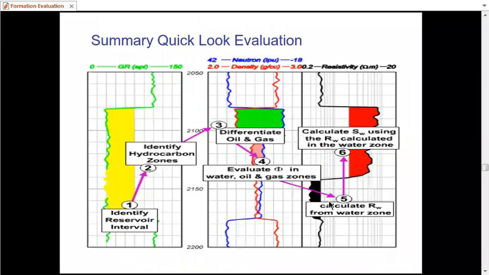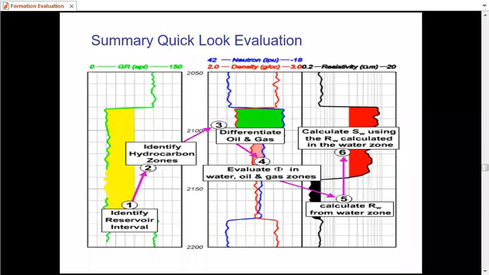This calculation is very important, and this is a summary for quick log evaluation for open hole logs. The first step is to identify the reservoir interval, the second step to identify the hydrocarbon zones, the third step to differentiate between oil and gas, and the last step to evaluate the water, oil, and gas zones and compute all parameters and factors like water saturation.